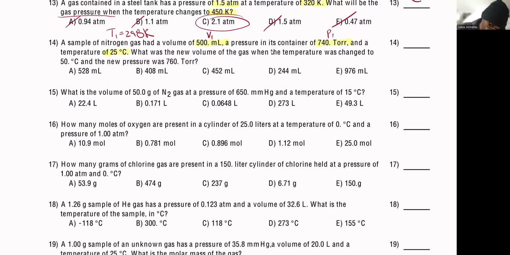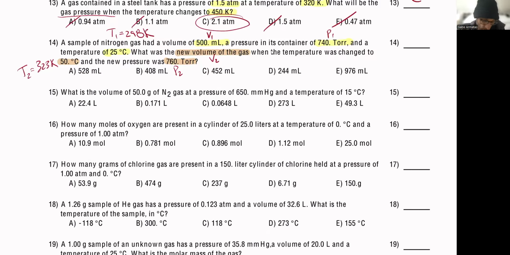Now I'm going to highlight in a different color. What is the new volume? That's going to be my V2. When the temperature was changed to 50 degrees Celsius, we have a new temperature and a new pressure. This is going to be my pressure 2, and my temperature 2 is going to be 273 plus 50, 323 Kelvin.